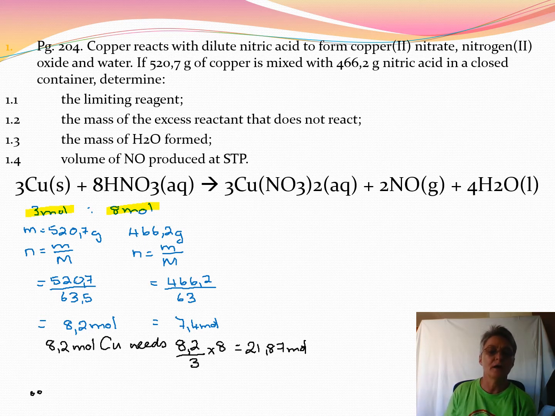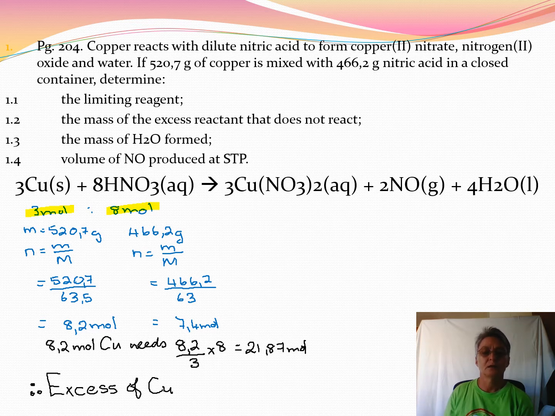So I have an excess of copper, and therefore the limiting reagent is HNO3.